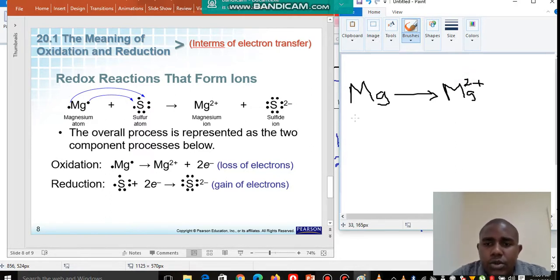So before, magnesium had a configuration of 2,8,2, meaning that it had 12 electrons.